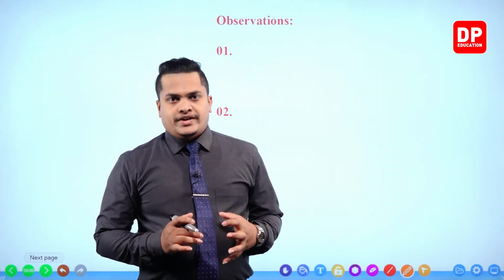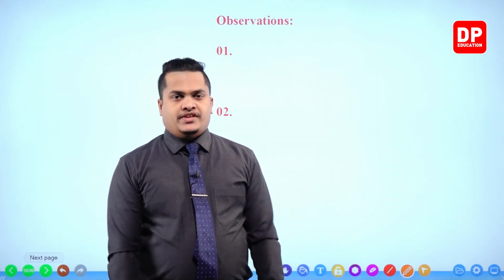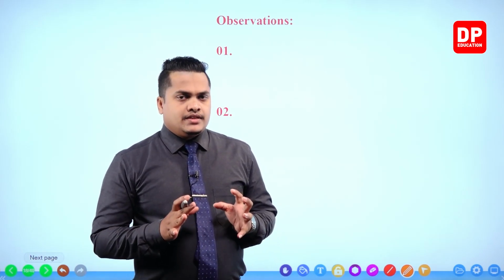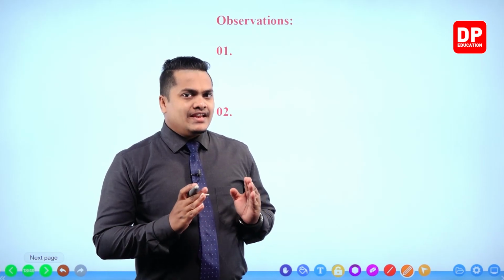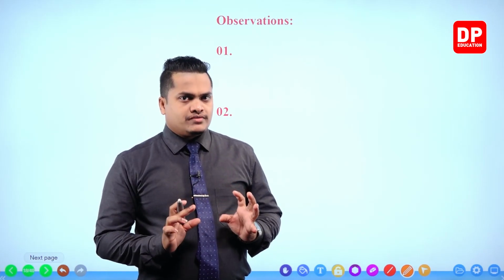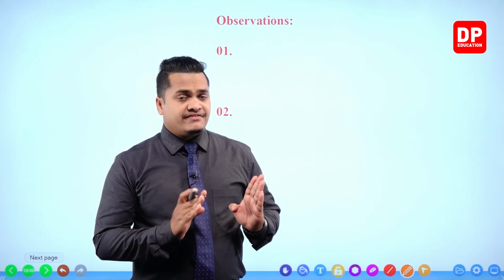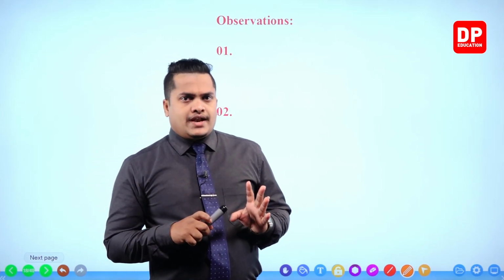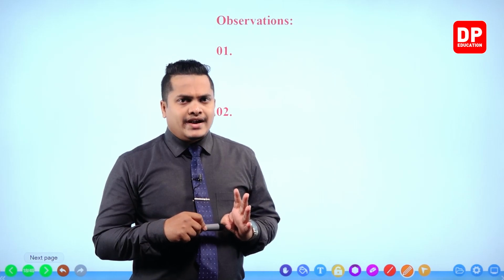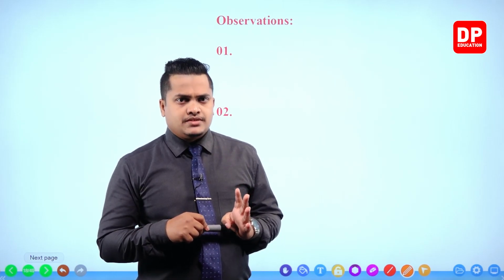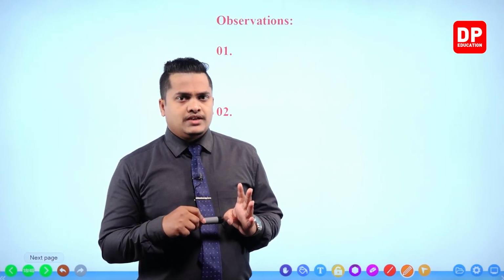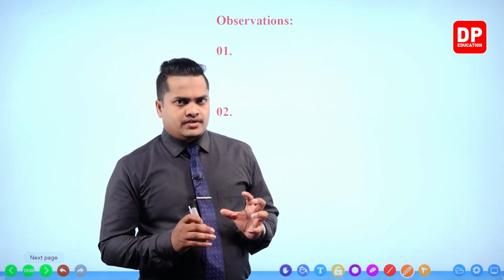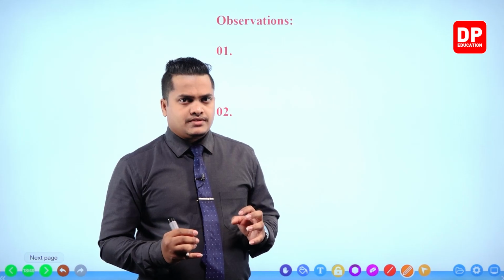Right then. So my dear children, we conducted the activity. And we could observe that there were three different observations. You could observe that there was a reddish brown color substance, right?